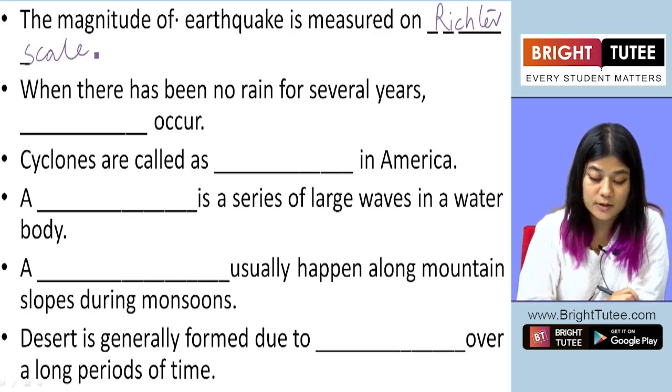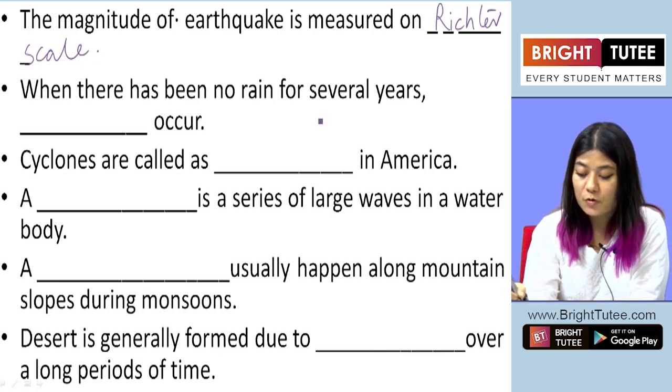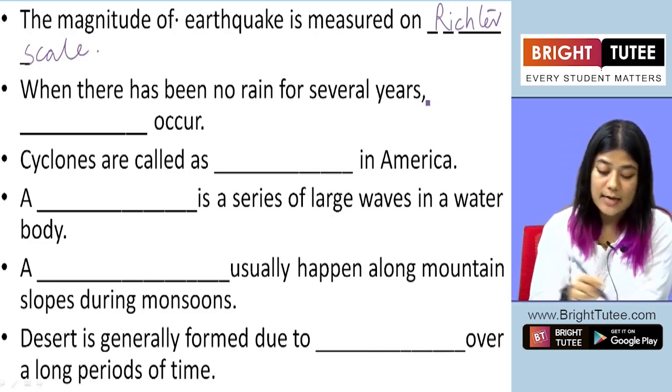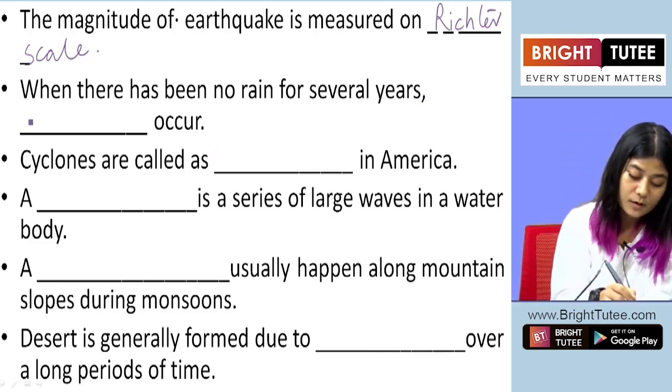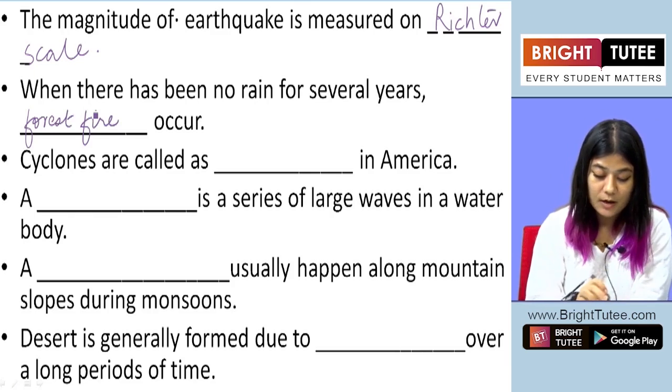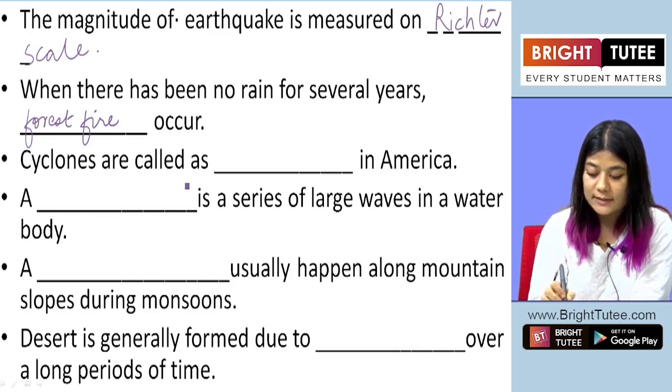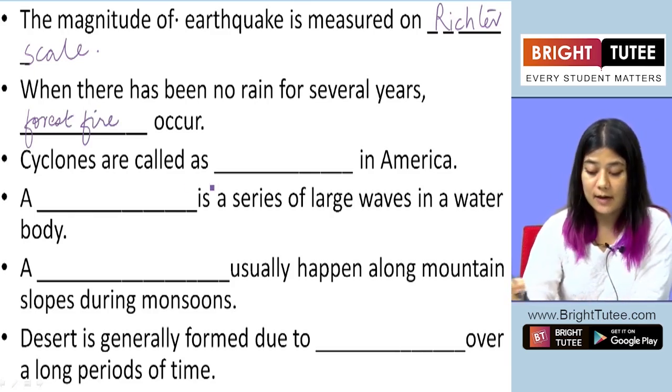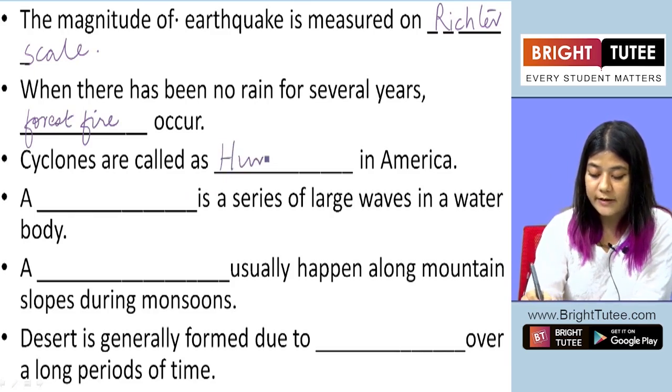The next question: when there has been no rain for several years, forest fires occur.